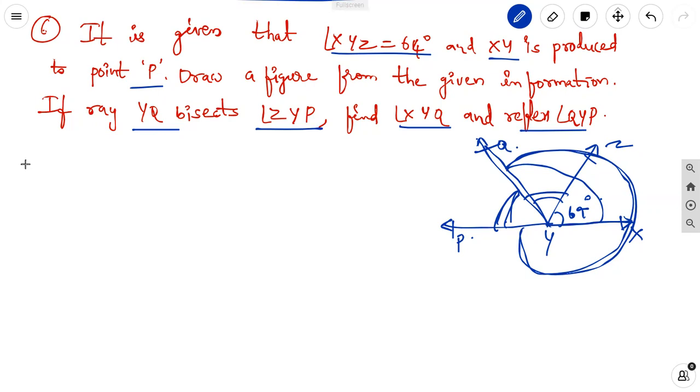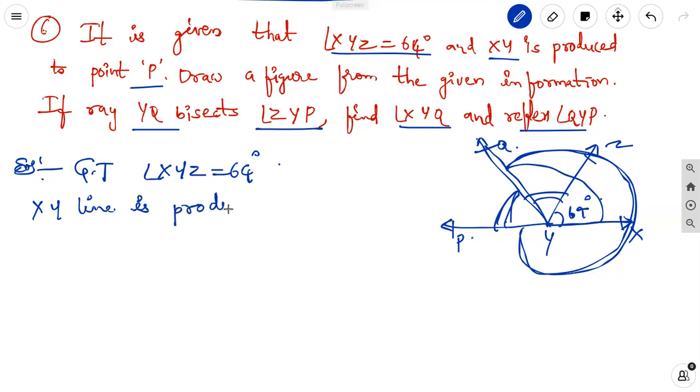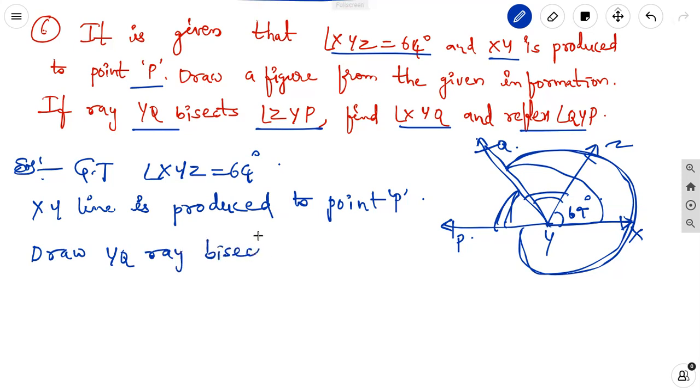Now we can take what they have given. Given that angle XYZ is equal to 64 degrees. XY line is produced to point P. And draw YQ ray, not line, YQ ray bisects angle ZYP.